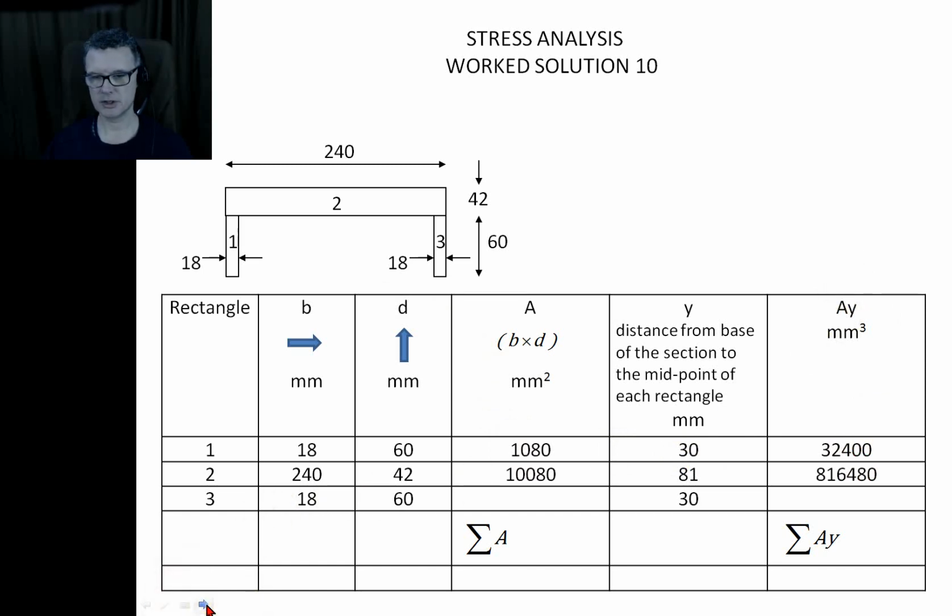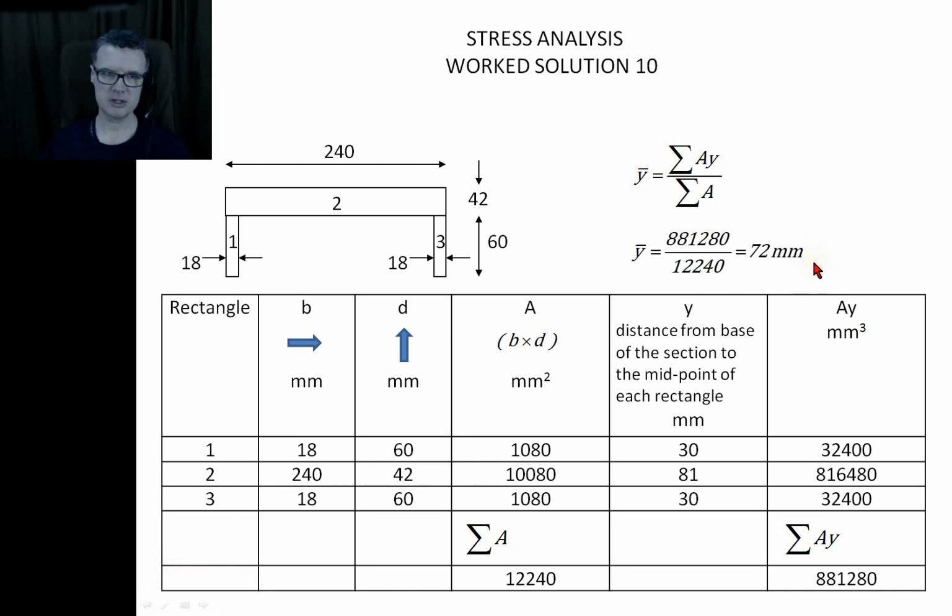Do that to the second term and the final term, and then the final stage is to find the neutral axis. That is to add up all the areas, add up all the first moments of area, and divide the first moments of area by the area. So that's what we're going to do up here, and then we find where the neutral axis is.